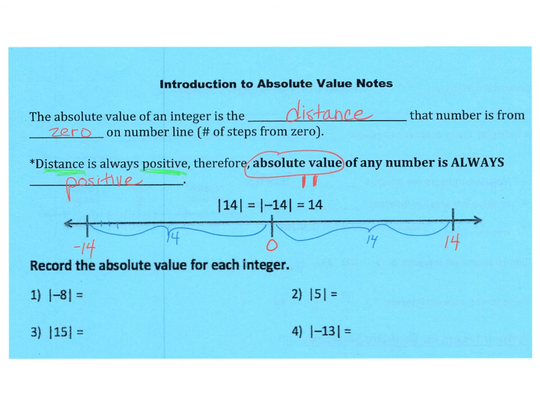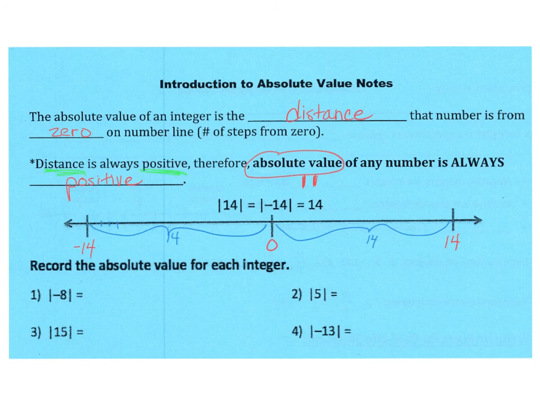So this says the absolute value of 14 is equal to the absolute value of negative 14. Why? Because they both equal 14. Both numbers, negative 14 and positive 14, are 14 steps away from 0. And remember, we said our answer is always going to be positive because it's just distance.